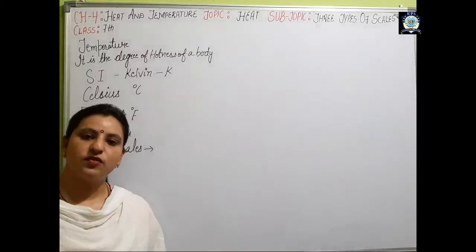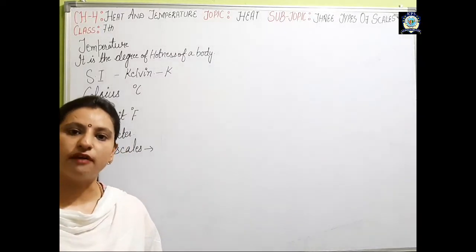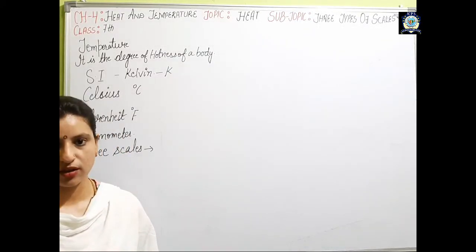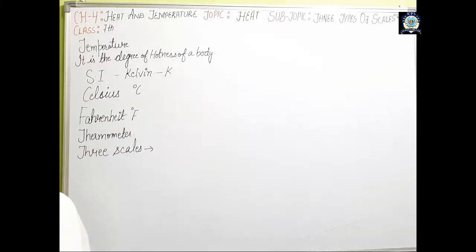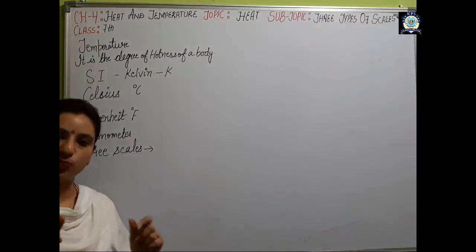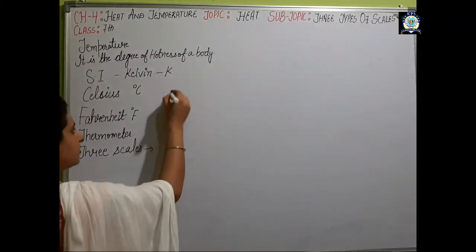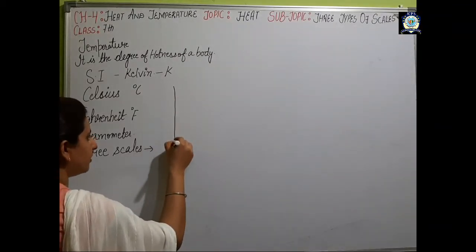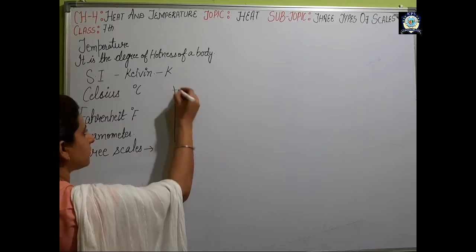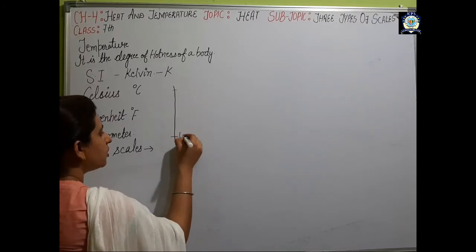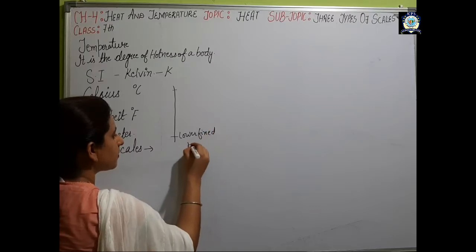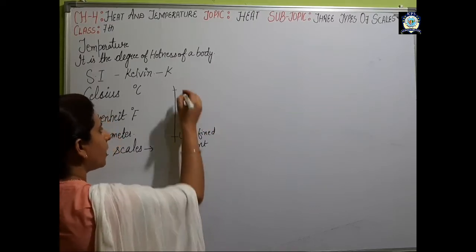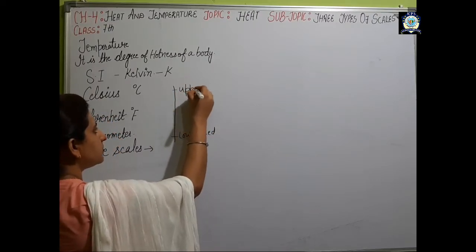These scales will show us the value of temperature, and each scale, each thermometer has scale on it with the two fixed points. Okay, if this is a scale, then it will have two fixed points, lower fixed point and upper fixed point.